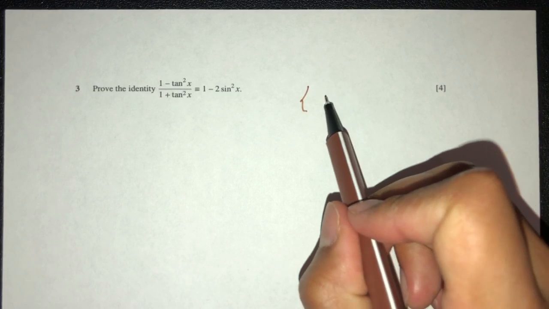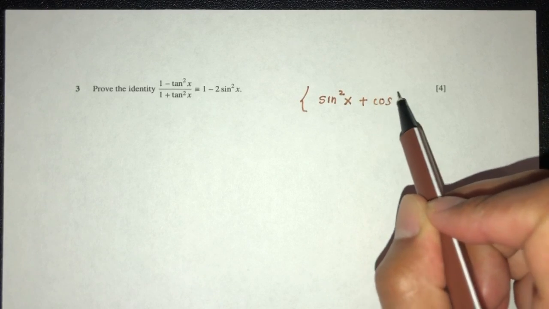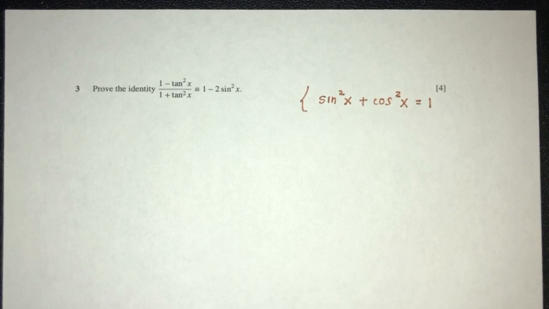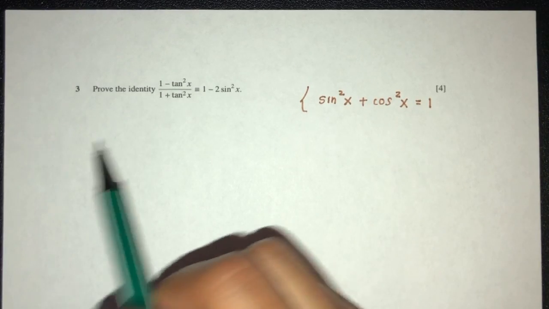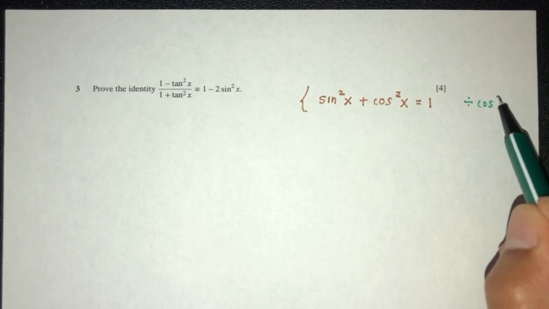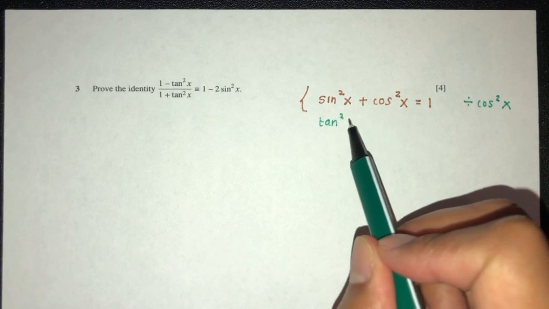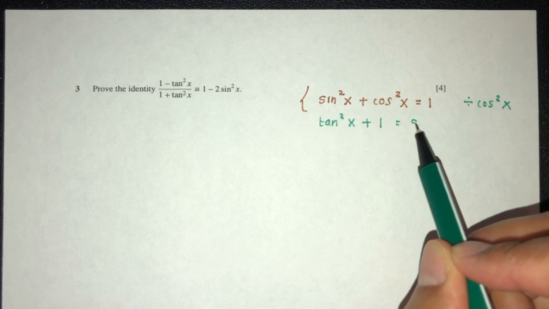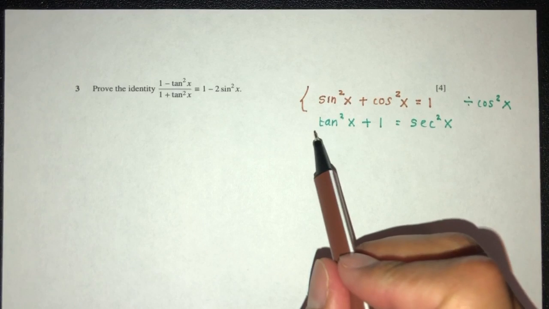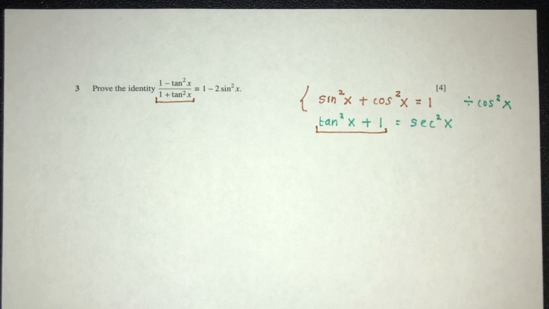For example, when we have sine square x plus cos square x equal to 1, what happens if you divide everything by cos square x? You will also have tan square x plus 1 equal to sec square x. Okay, so that is one of the identities we can use here, because here we have this and here we have this, so we can replace and see what happens.